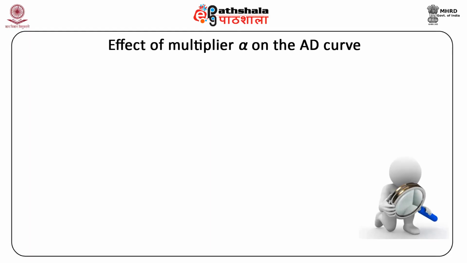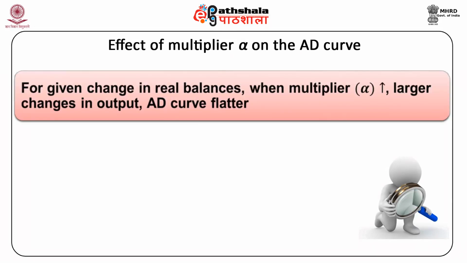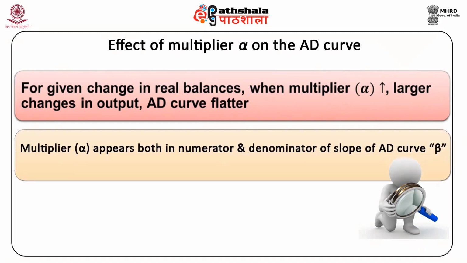Next, we will discuss the effect of multiplier alpha on the aggregate demand curve. For a given change in the real balances, when the multiplier increases, there will be a larger change in the output, making the aggregate demand curve flatter. Mathematically, multiplier alpha appears both in the numerator as well as in the denominator of the slope of the aggregate demand curve, beta.